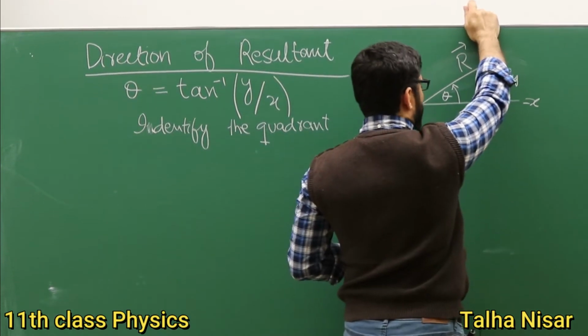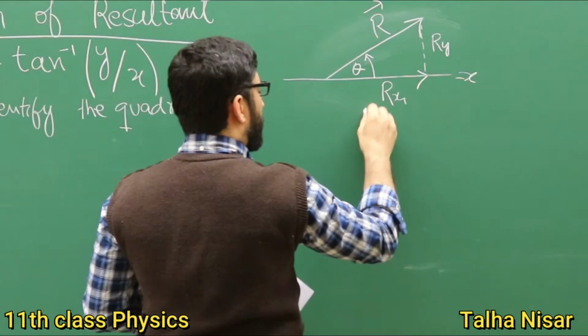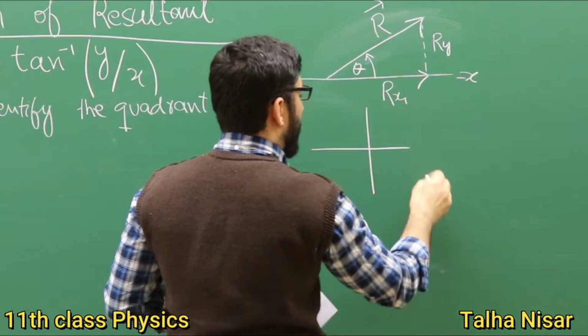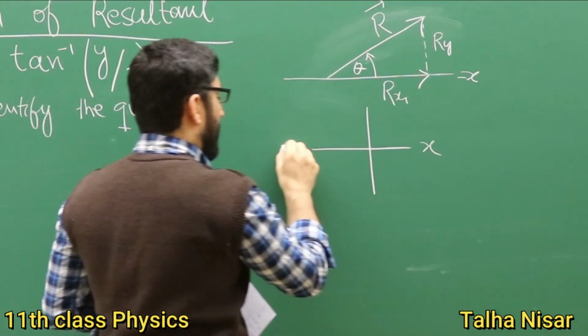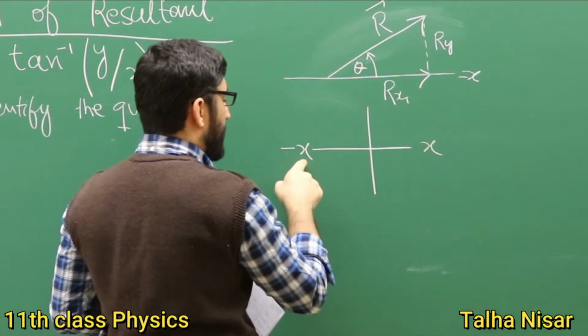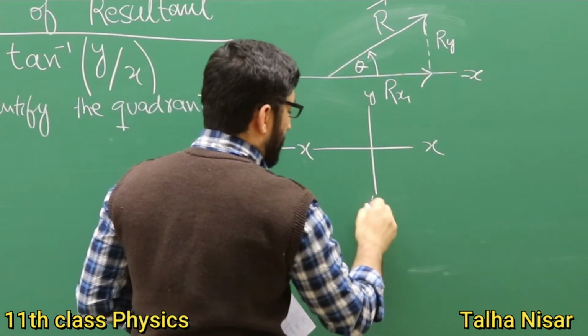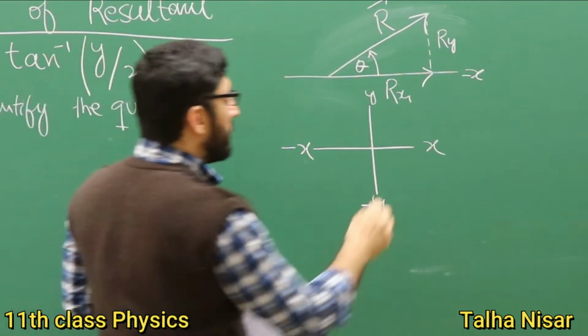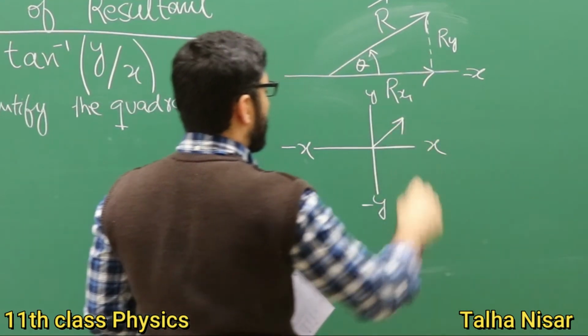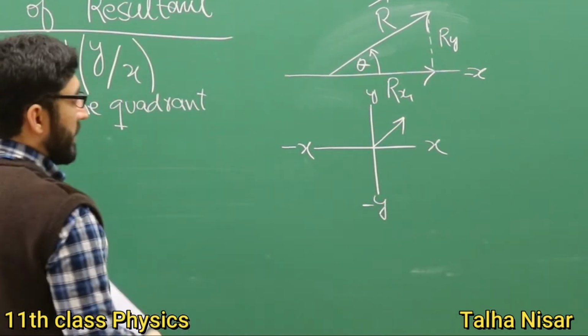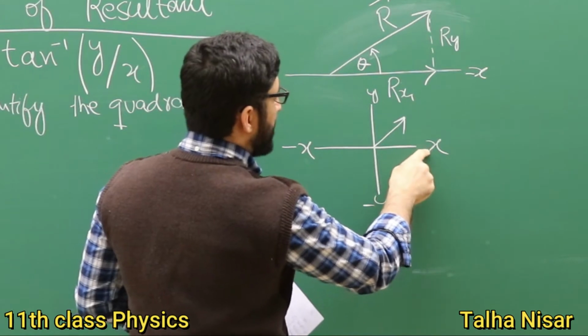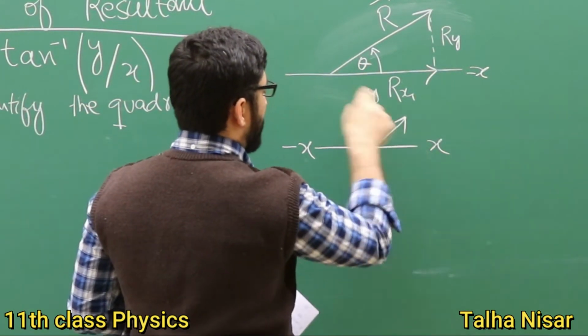So right now we have the 4 quadrants as we know. We have here the x-axis, this is the x direction, this is the minus x, this is y, and this is minus y. So if the angle is here, it will have the positive x and positive y.